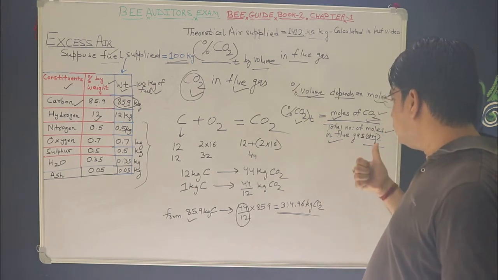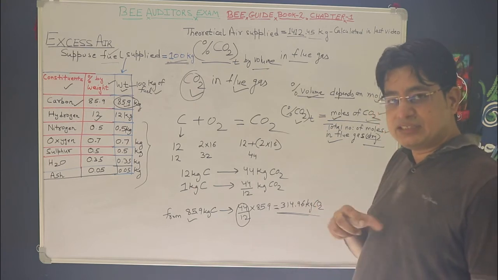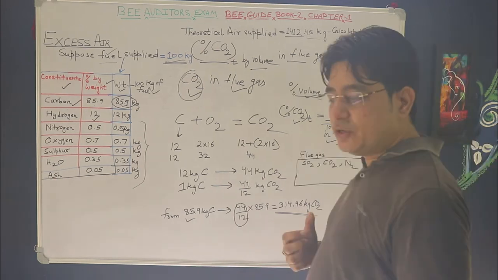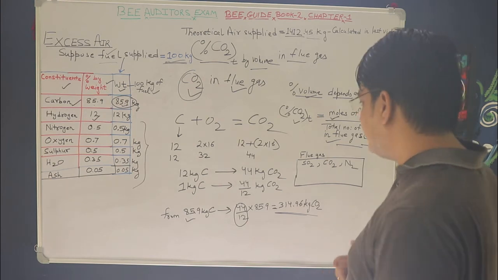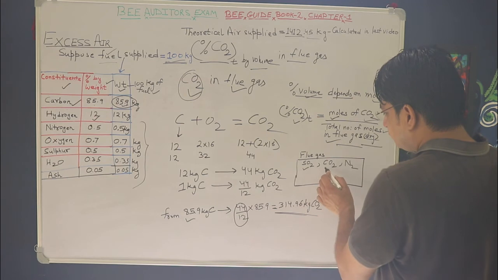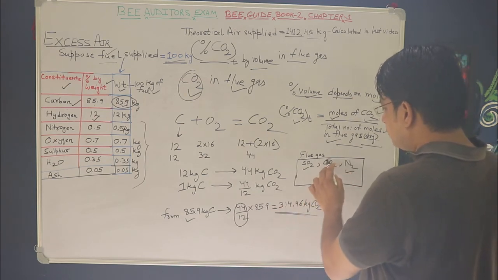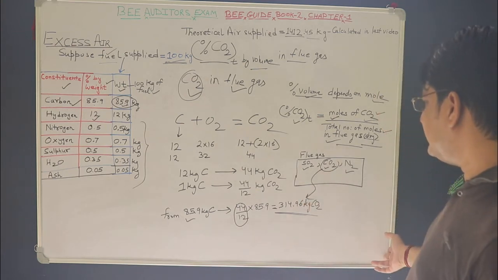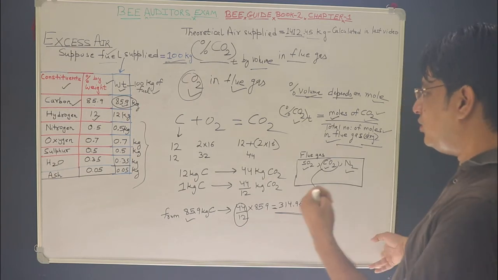Now for calculating the total number of moles in flue gas, I will first calculate what are the various components that are present in the flue gas. As I have already told you, in the flue gas you will have SO2, CO2 and nitrogen. So the amount of CO2 has already been calculated as 314.96 kg. I just need to convert it into moles, which we will see how we can do.